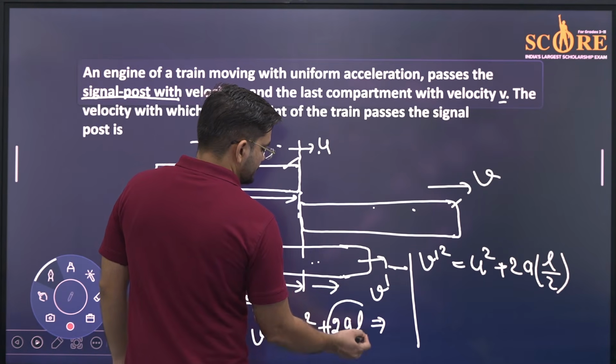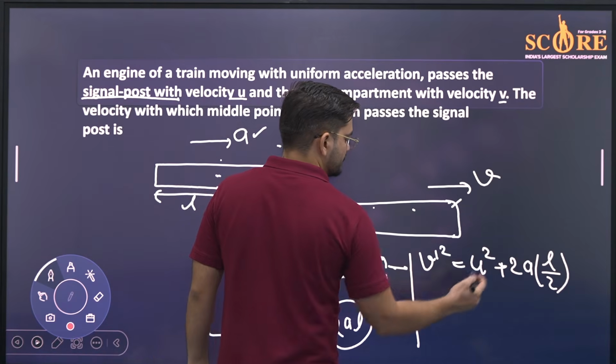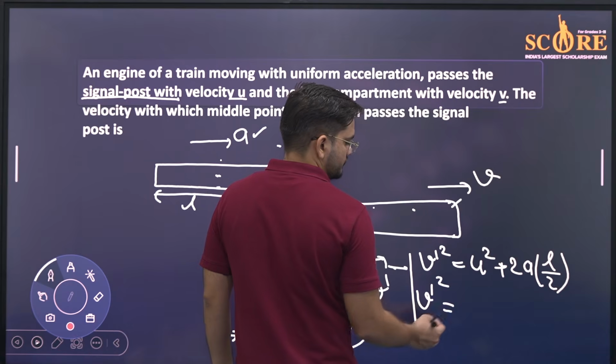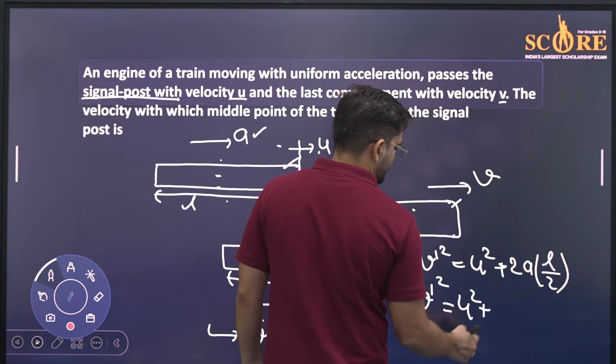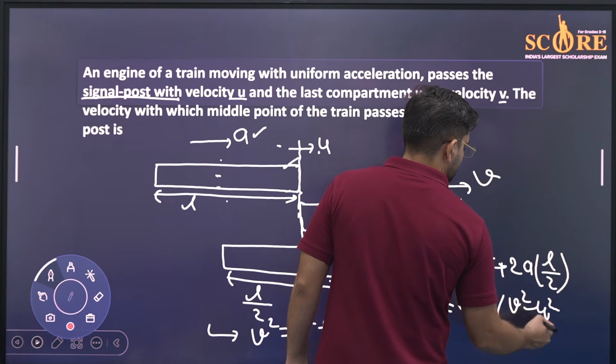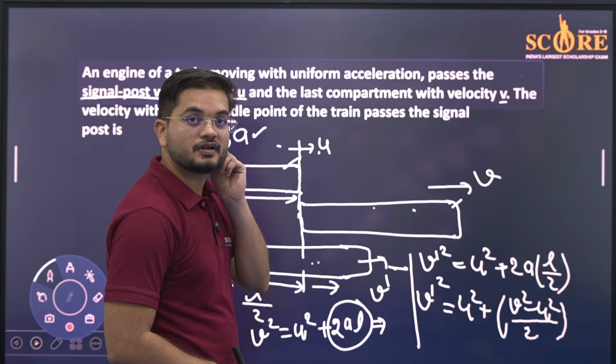If we replace 2aL from this equation into this equation, then we will achieve v dash square will be u square plus (v square minus u square) divided by 2. Clear?